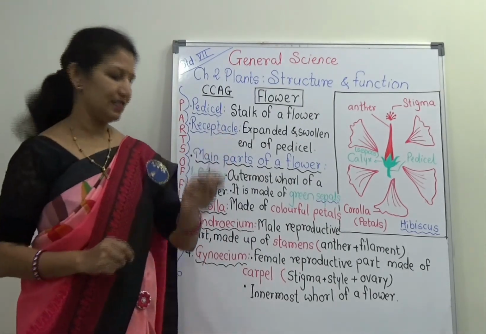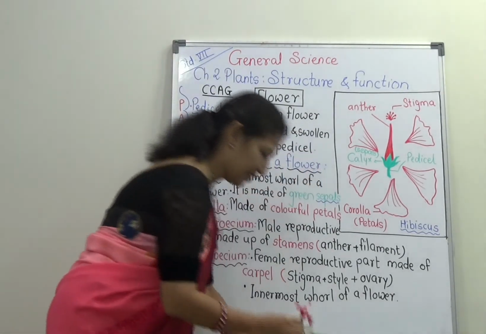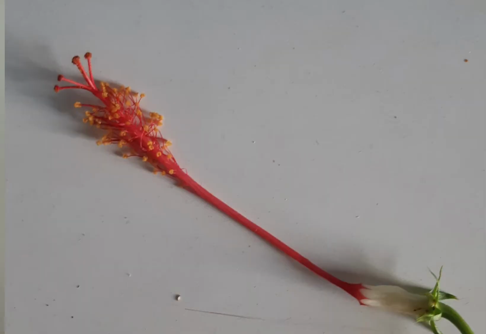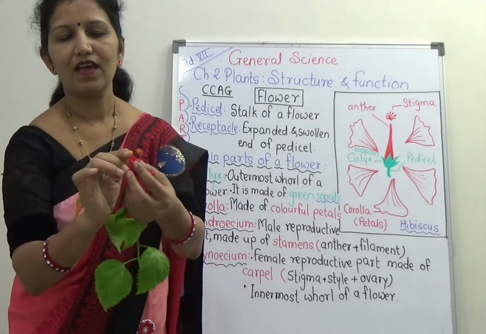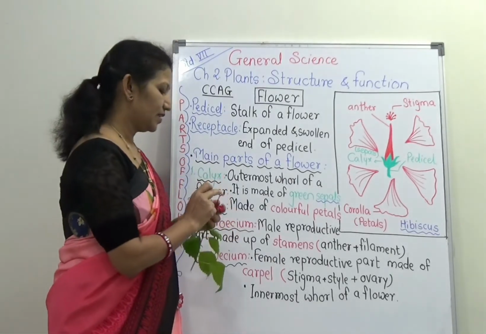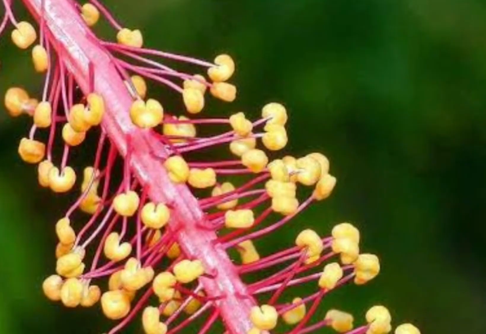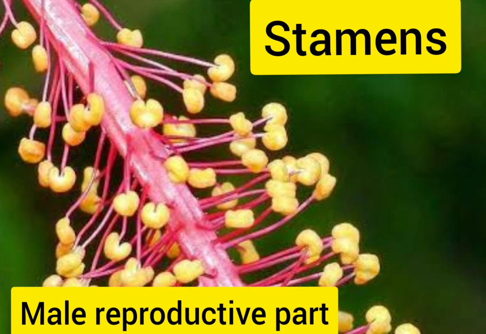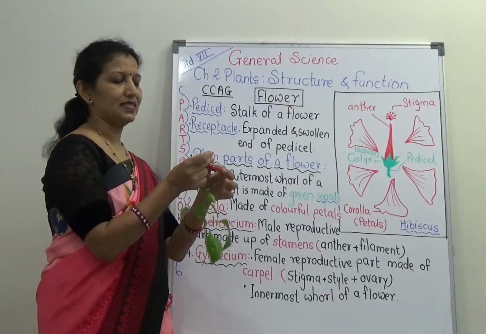The third one is androecium. You can see it here clearly. See, this is androecium. And in this androecium, there are yellow colored anthers. This androecium is male reproductive part of the flower. It is third whorl. It is male reproductive part and it is made up of stamens.